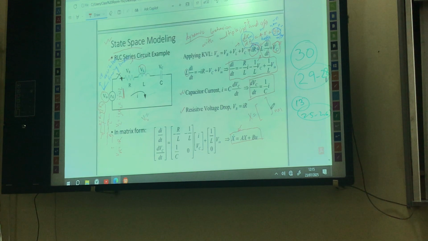So n is the number of state variables. How will we identify the state variables? The easier way is to look at the d over dt terms. How many d over dt terms are present in your system? That will be the number of your state variables. Okay, so how many d over dt terms are here?